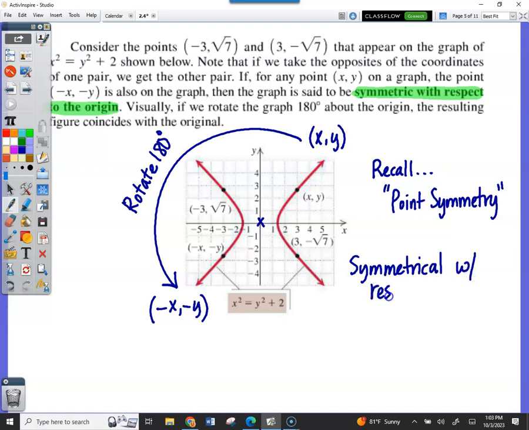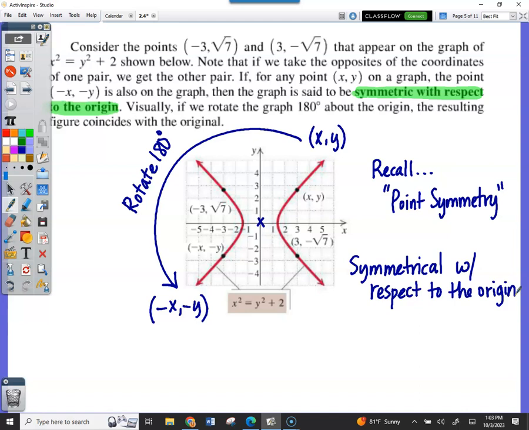When we say with respect, we mean where you're holding your finger down on the paper before you turn it. With respect to the origin. So that graph is symmetrical with respect to the origin.